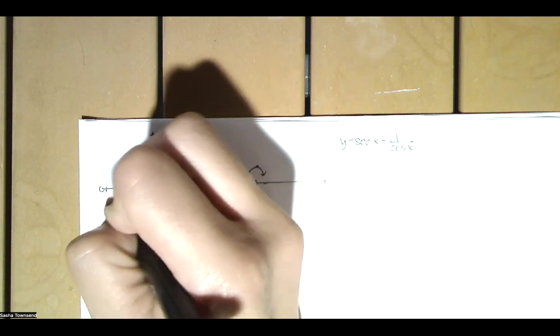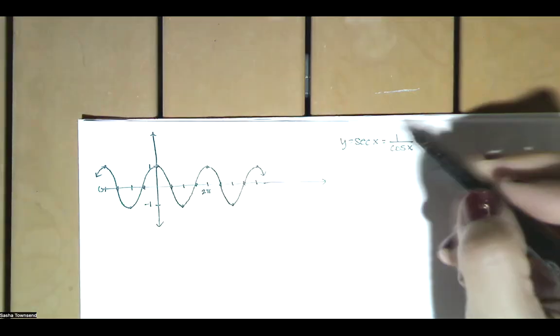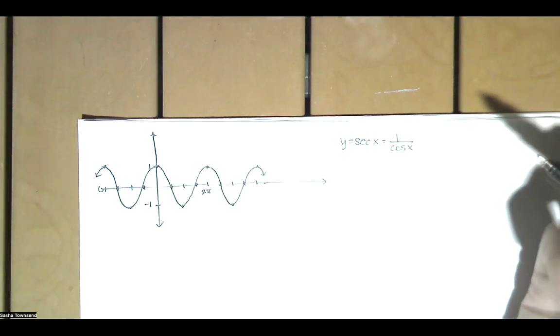But secant is 1 divided by that, so we can't divide by 0. So secant is going to have vertical asymptotes every time cosine is 0, at all the odd multiples of pi over 2.